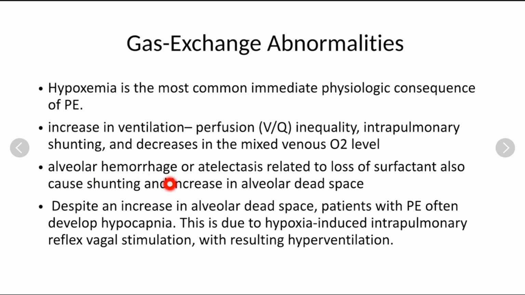Alveolar hemorrhage, or atelectasis related to loss of surfactant, also causes shunting and an increase in the alveolar dead space. Despite an increase in alveolar dead space, patients with pulmonary embolism often develop hypocapnia. This is due to hypoxia-induced intrapulmonary reflex vagal stimulation, resulting in hyperventilation. So CO2 will wash out.